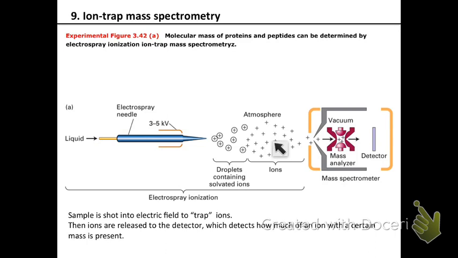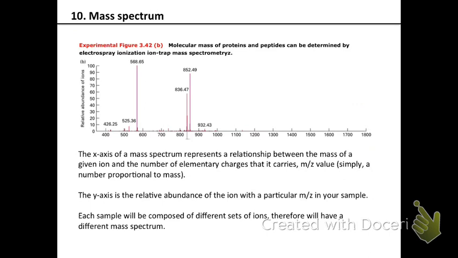And then this is released into a detector, which detects how much of an ion with a certain mass is present. Okay, so this mass analyzer separates the ions based on mass and strikes it into a detector, and the detector is going to detect the amount of charge coming from a given mass value. So how do you express that data?